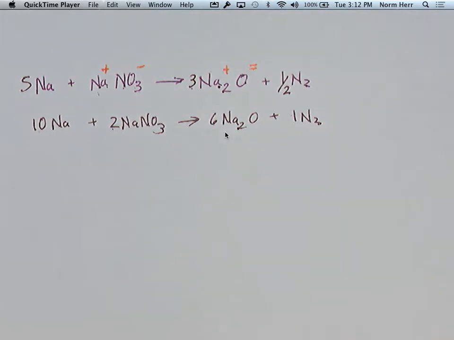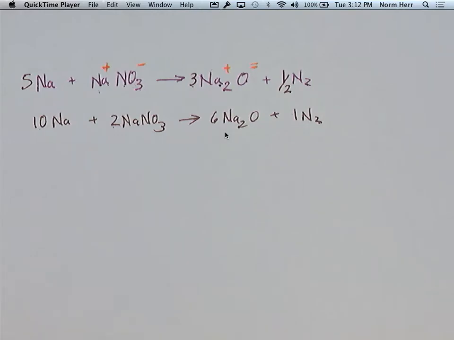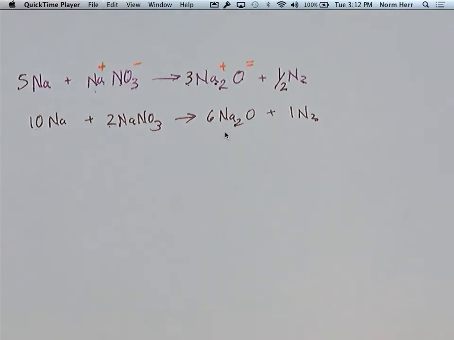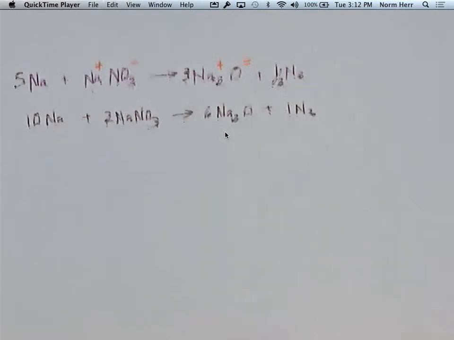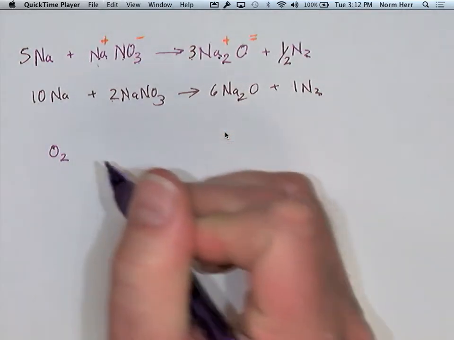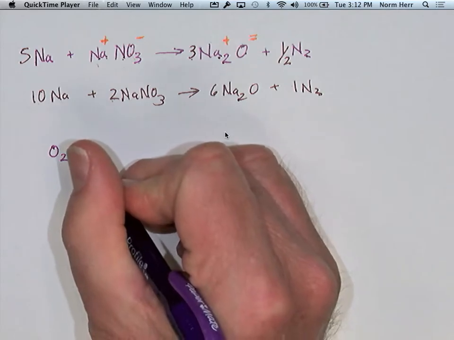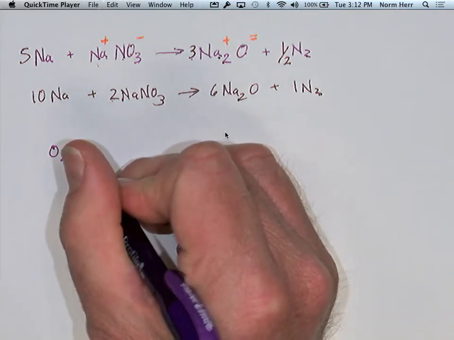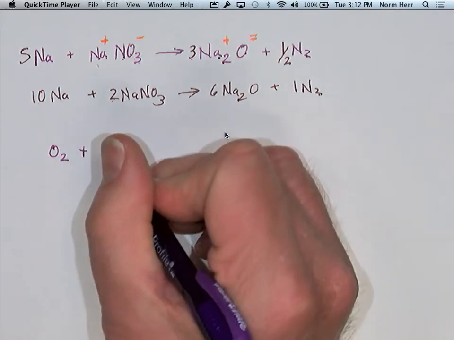Now, a few more examples of this may make this a little bit clearer. So let's talk about the oxidation of glucose. Oxidation of glucose is what takes place in your body in the mitochondria of your cells, which are respiring.